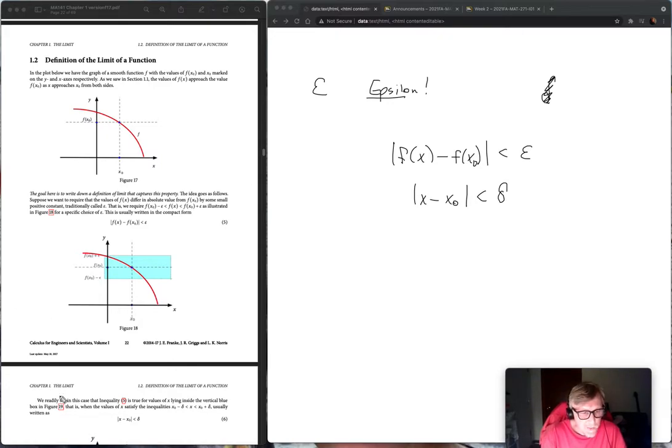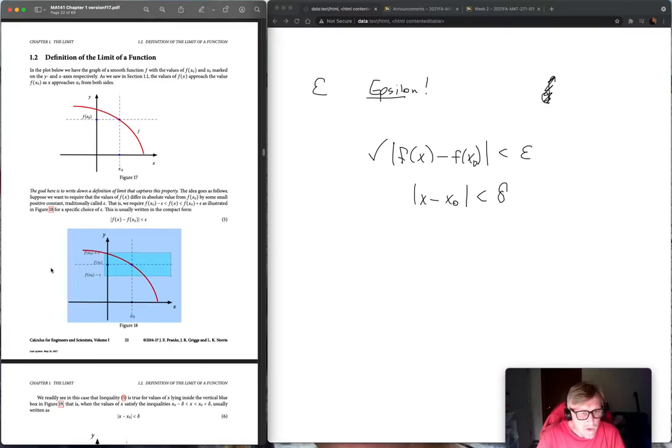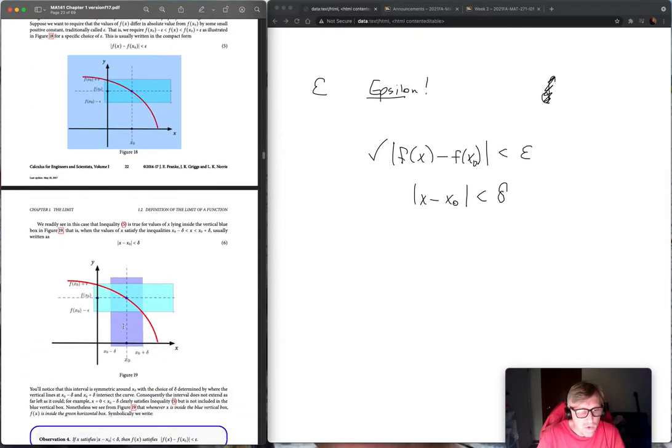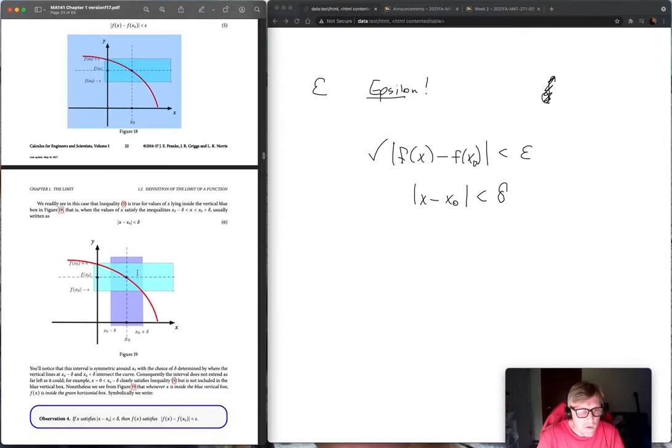All right, so anyway, we readily see that this inequality is true for values of x lying inside the vertical blue box, right? So we have a horizontal blue box here. That's what this statement is saying. And then we have, let's see if I can use my mouse to scroll this down, a vertical purple box, if you will, right here.